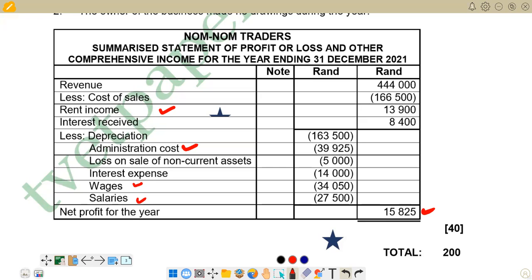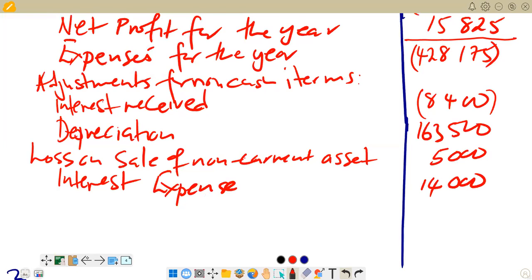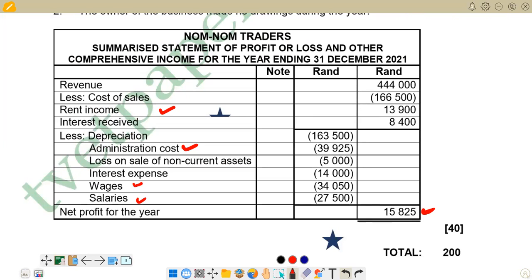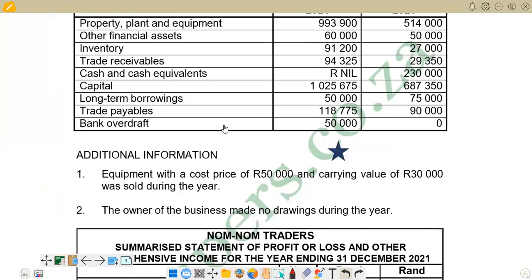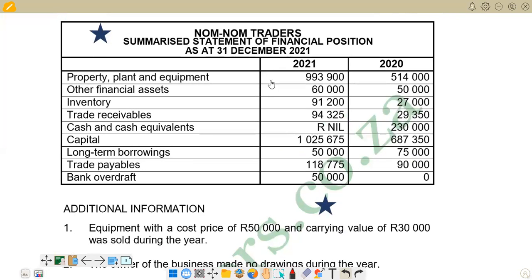So here we can just come and check those figures in the list of balances that we have there. Those figures were given in this list. Remember, we said 2020 represents the beginning and 2021 represents the end. So if you come to inventory, inventory at the beginning is 27,000. This is the one that we are going to add.